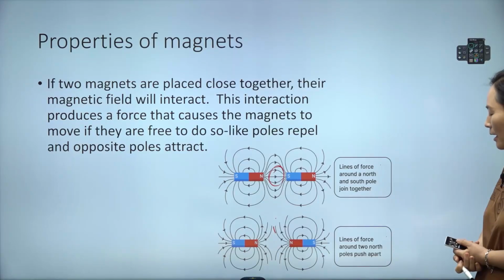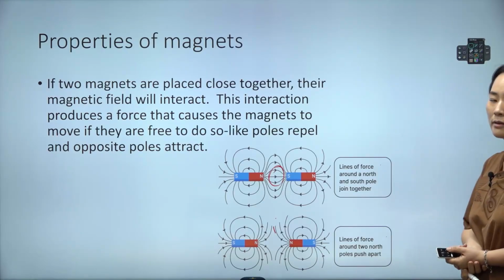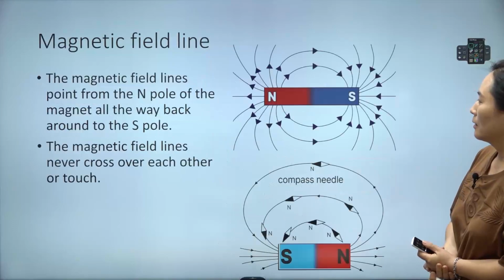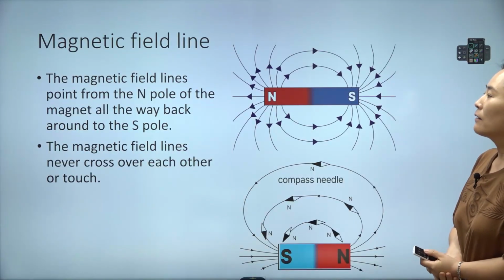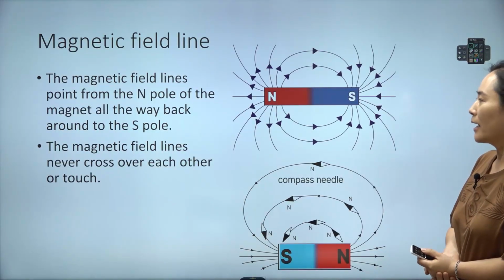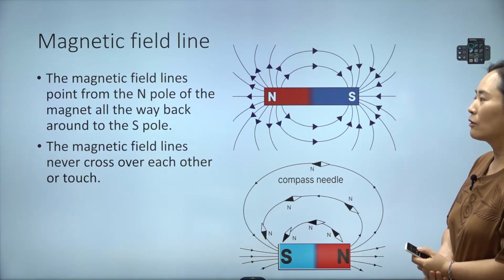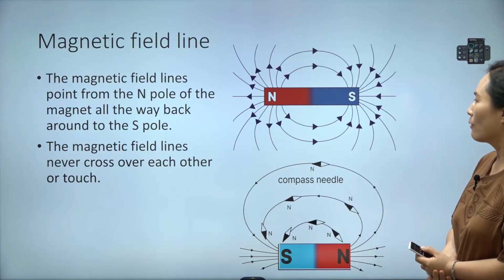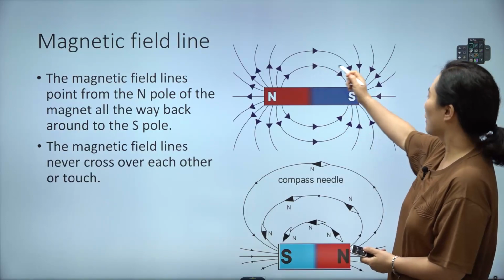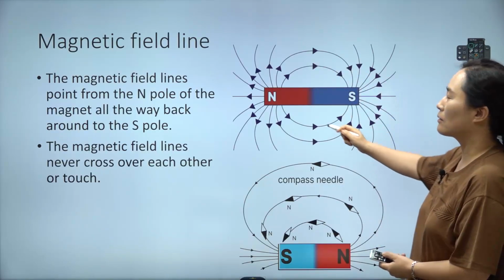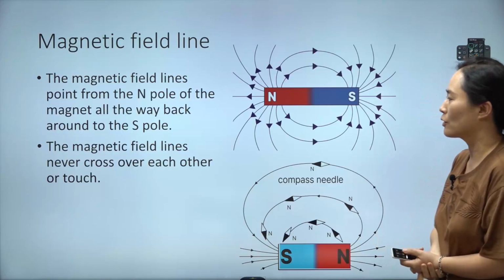If they are the same, they push apart. Magnetic field lines point from the north pole of the magnet all the way back around to the south, right? That's how we form the magnetic field. Always start from the north to the south.